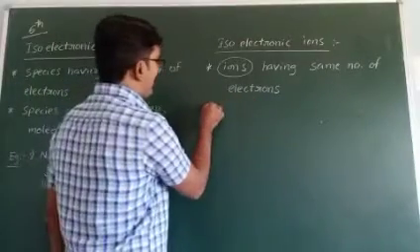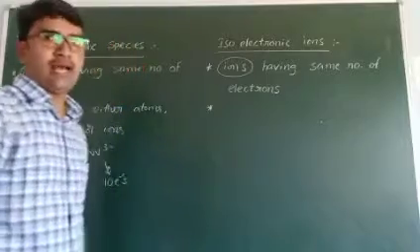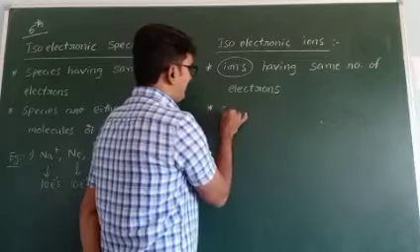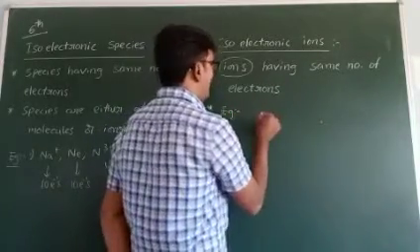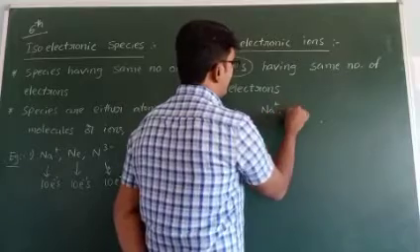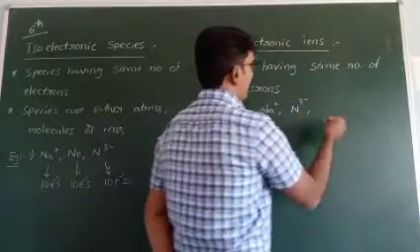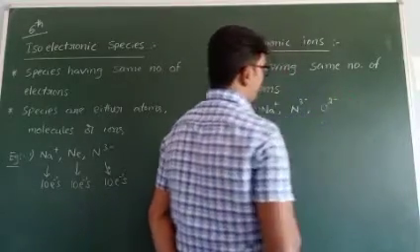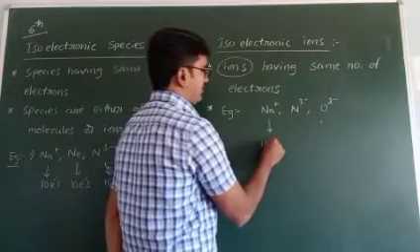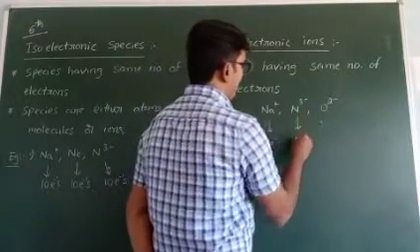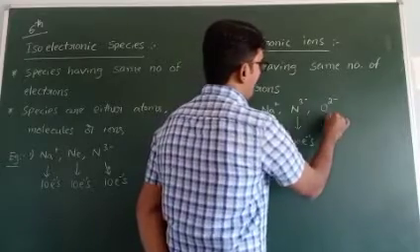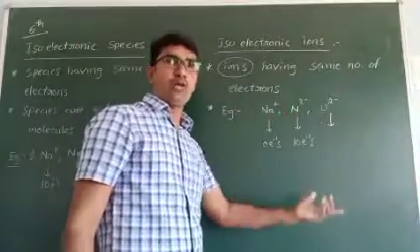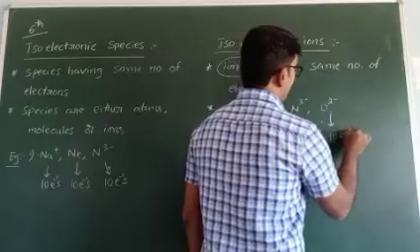Now for isoelectronic ions, only ions are present. An example for this: only ions means Na+, N3-, O2-. Na+ contains 10 electrons, N3- contains 10 electrons, and O2-, oxygen atomic number is 8 and 2 minus means adding 2 more electrons, so it also contains 10 electrons.